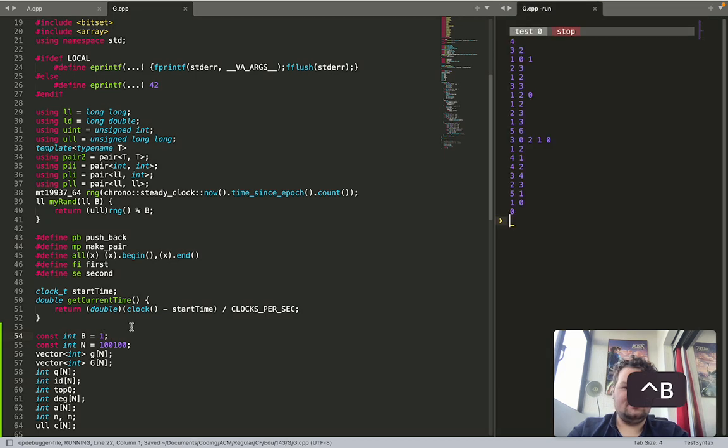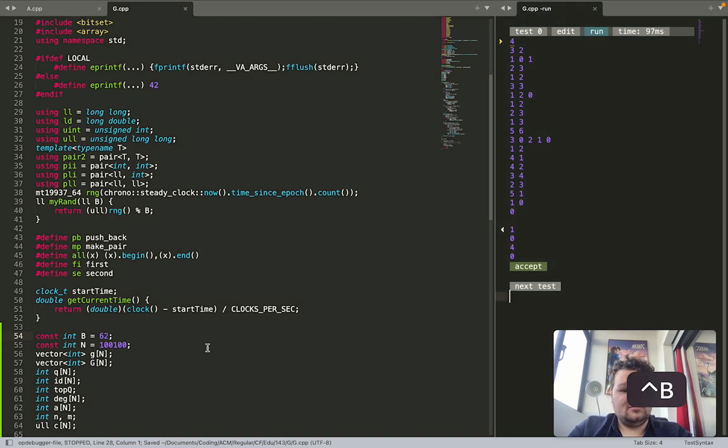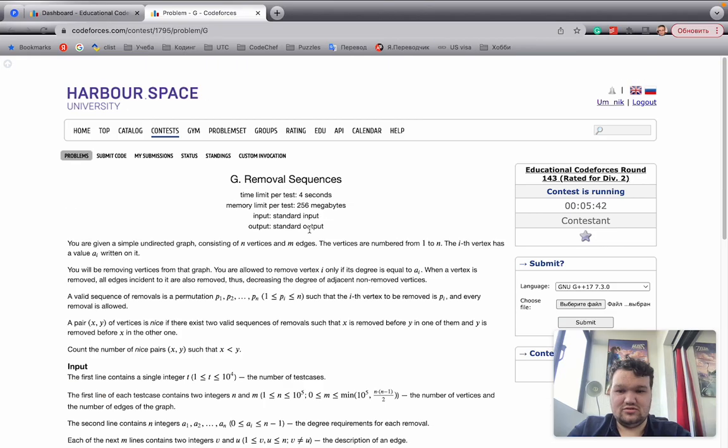Let's check that it doesn't depend on the block size.